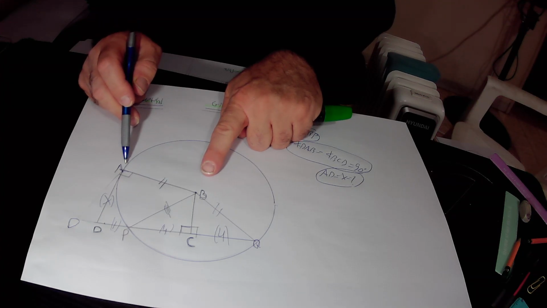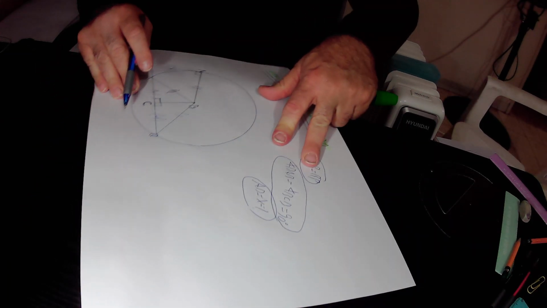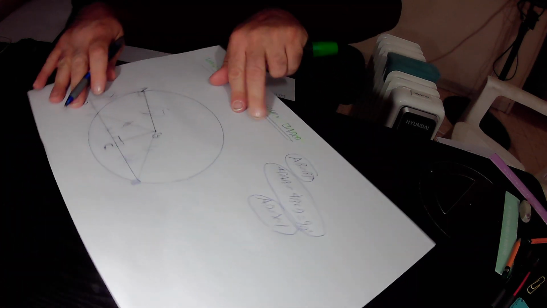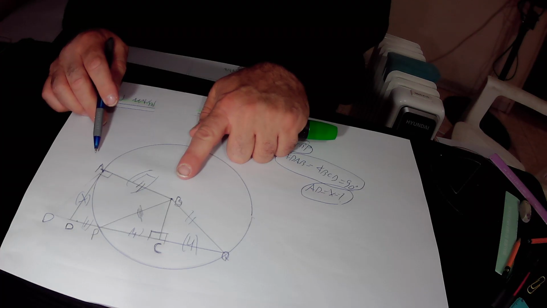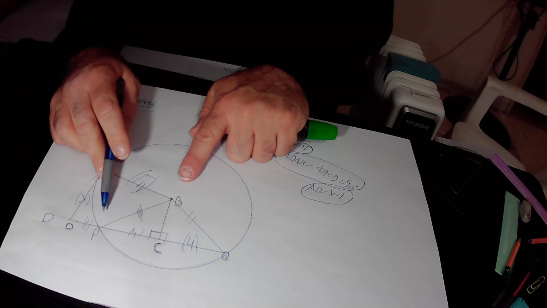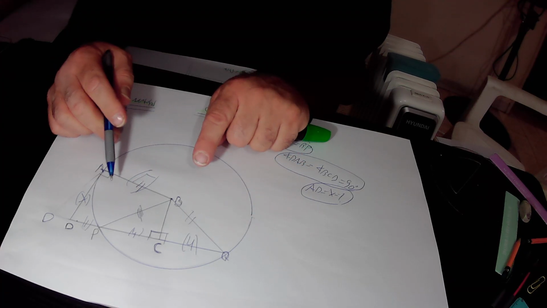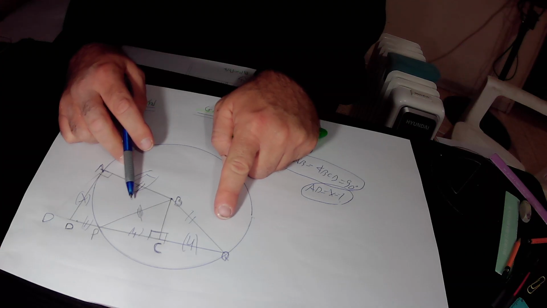So, we define the radius of this circle BA as R. But because we already found out that BA equals BP equals BQ, BP and BQ must also be radii of the circle.